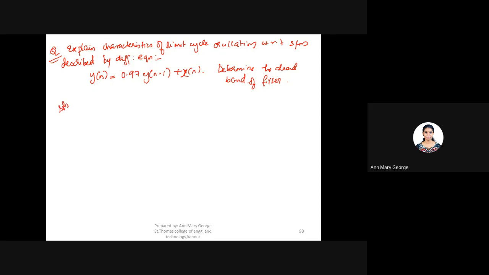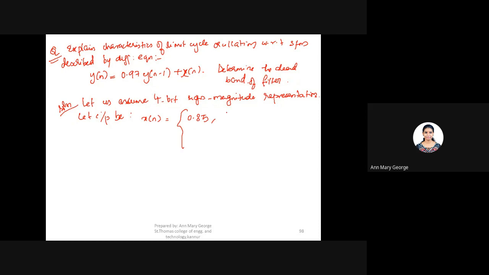Therefore, let us assume 4-bit sign magnitude representation and let the input be x of n equal to 0.85 for n equal to 0 and 0 otherwise.